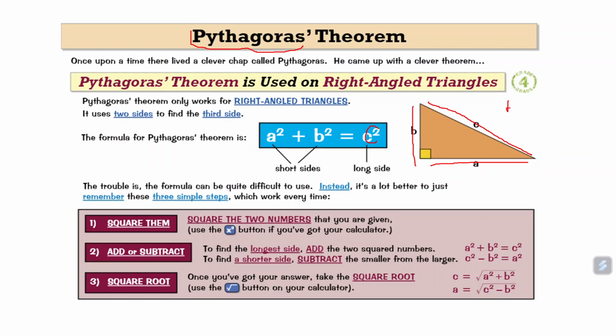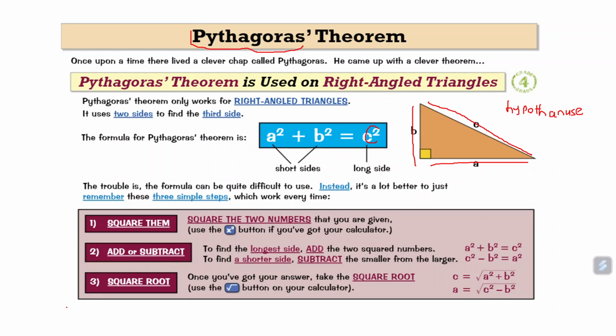Let me spell it: hypotenuse. I don't want my learners to be carried away by this name. Knowing the name to pass an exam does not really matter.